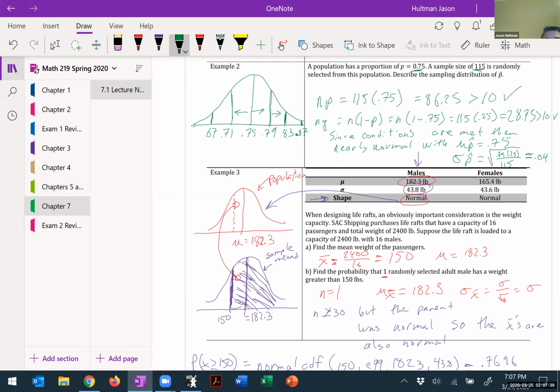And then go down one again. So this is minus 1 and plus 1 standard deviation. This is minus 2, plus 2. This is minus 3, plus 3. And then this is going to be 0.63.